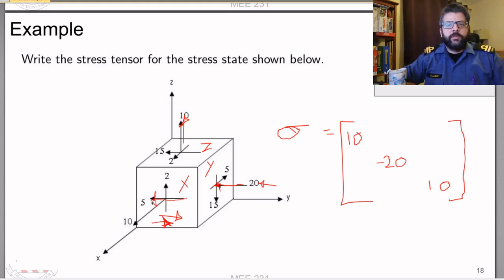Unfortunately, well, not unfortunately, it isn't. That's not unfortunate or not. It just is or isn't. So that one is going to be a -5. And then the next one here is our tau xz. That'll just be x face, z direction, +2. And then we can fill in the rest.